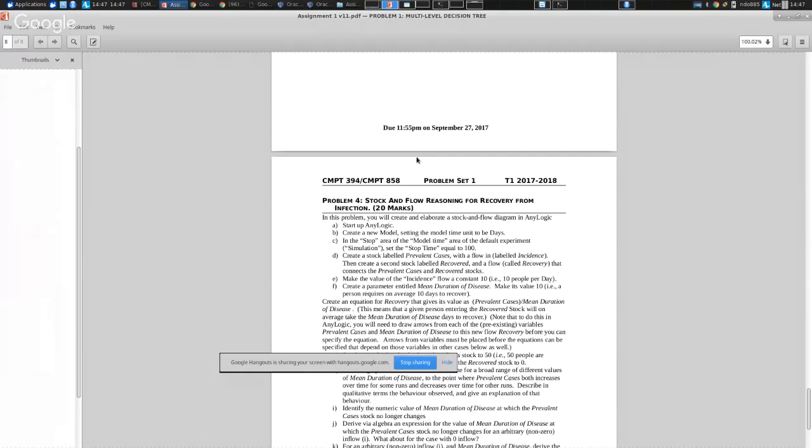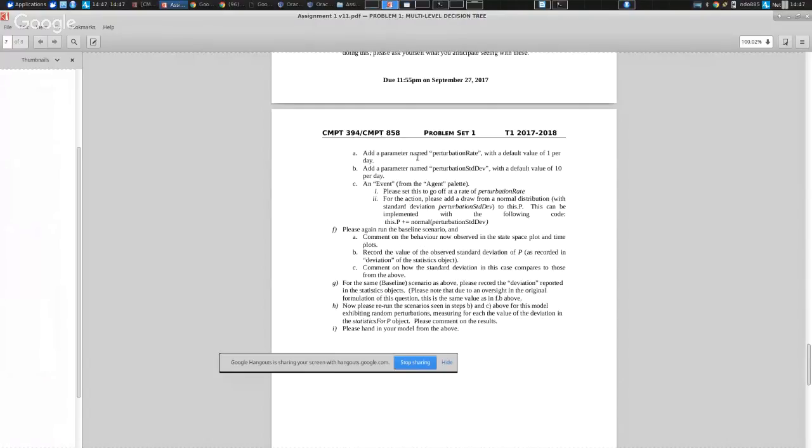If you see for a given subpart that there's nothing required specifically, for example, part I here just says, please hand in your model from the above. But there may be some cases where there's nothing for you to hand in. For example, add in a parameter, right? You're not handing in something specifically for that.